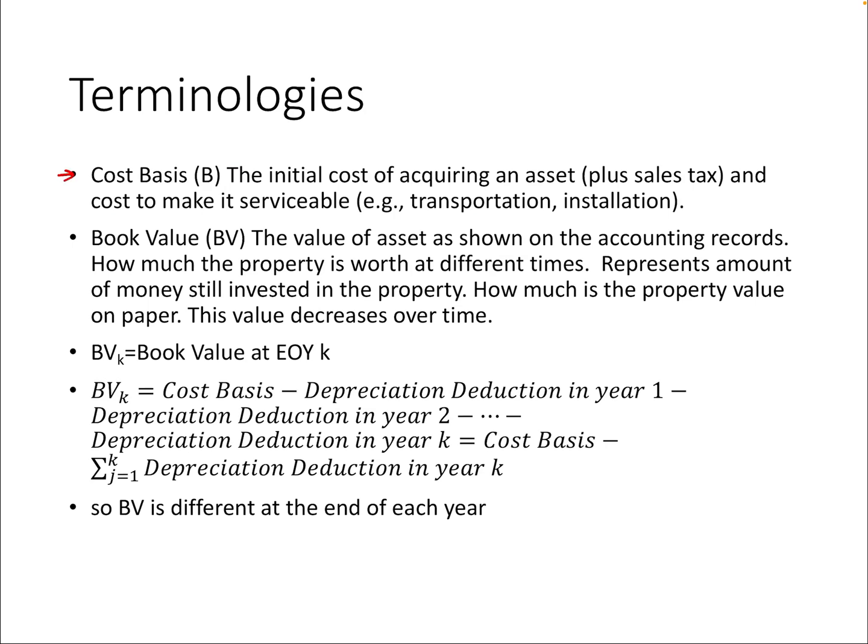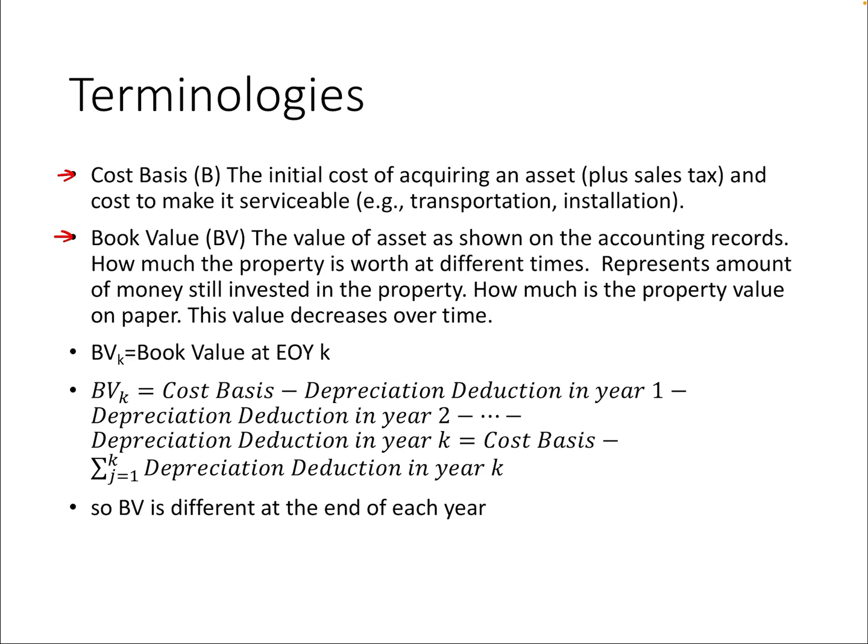First, the cost basis, which is the initial cost of acquiring an asset, the purchase price plus sales tax, and also the cost to make it serviceable, like the fee to deliver that asset and the fee to install that equipment.